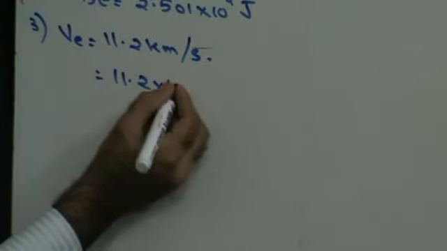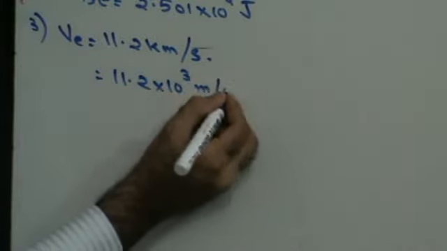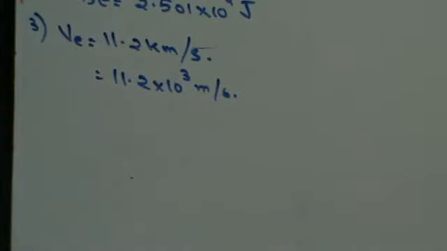The escape velocity from Earth's surface is 11.2 kilometers per second.